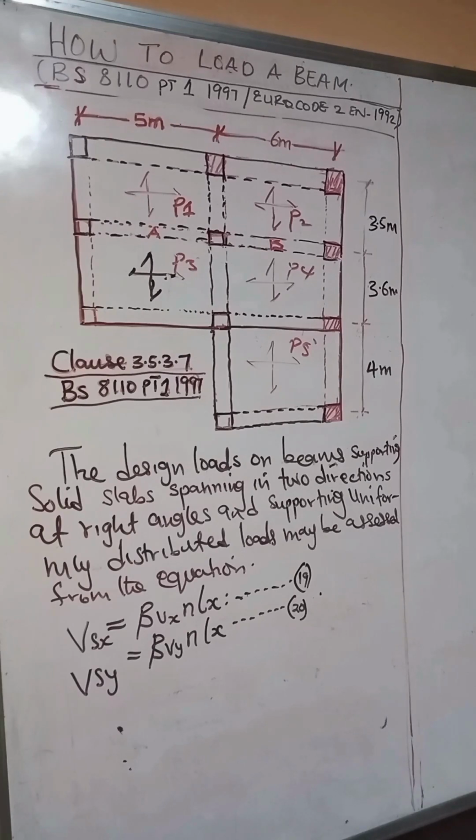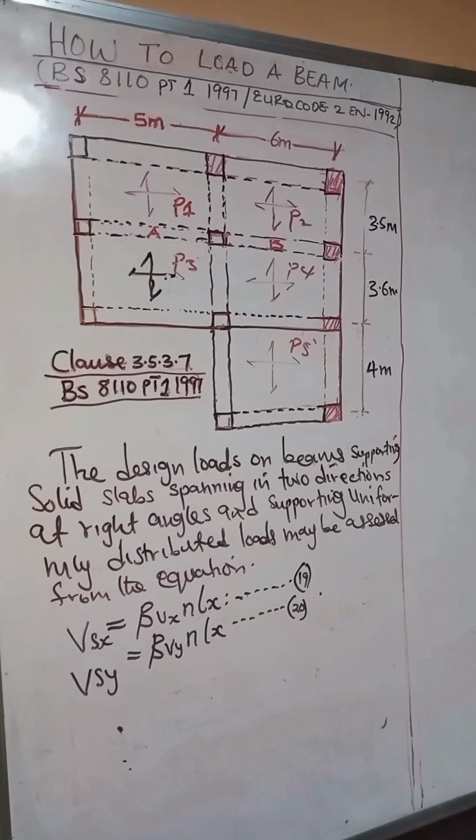Next, we are going to look at panel 2 and 4, because we intend also to load beam B. This is our beam B. Loading beam B, you will discover that we have two panels attached to it, panel 2 and panel 4.